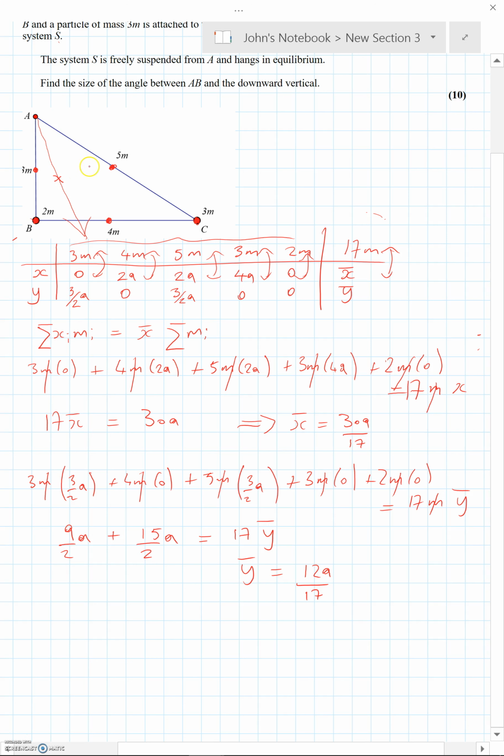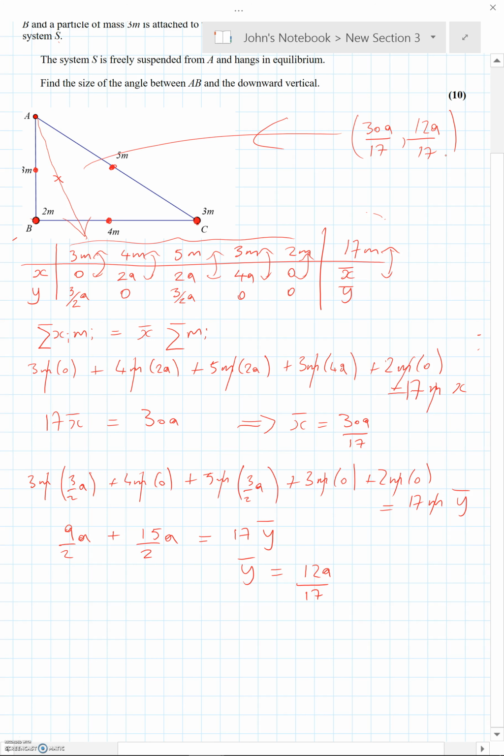That's basically located at, let's try and fit it in there, 30a over 17 and 12a over 17. That's the location of it.